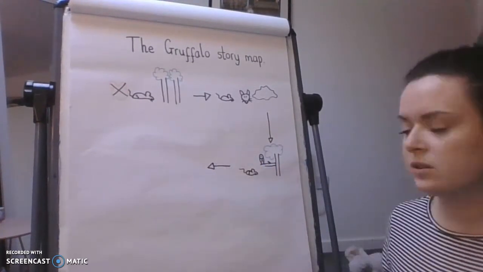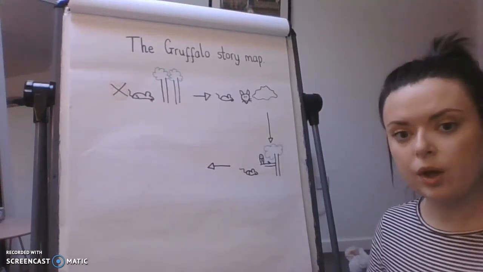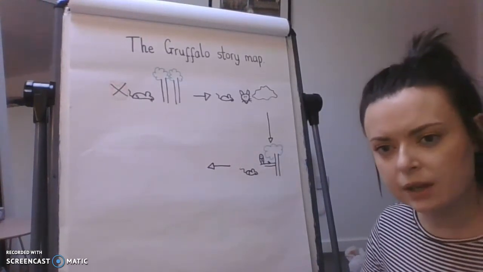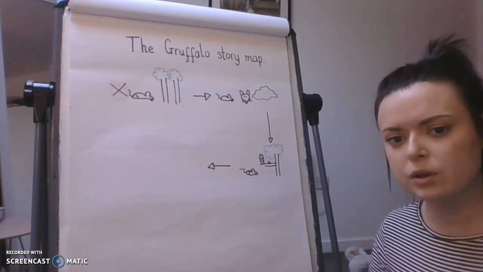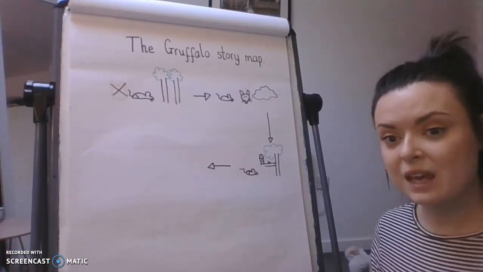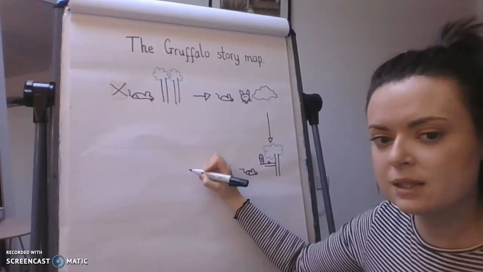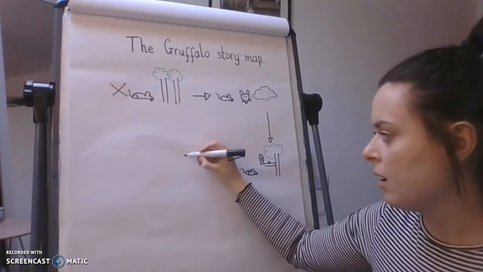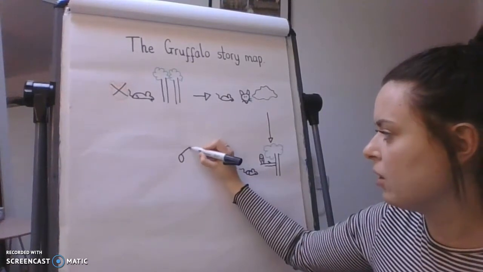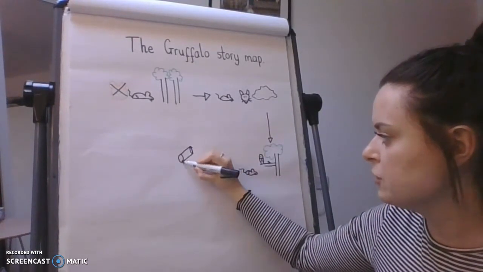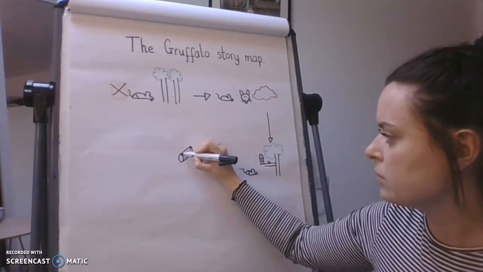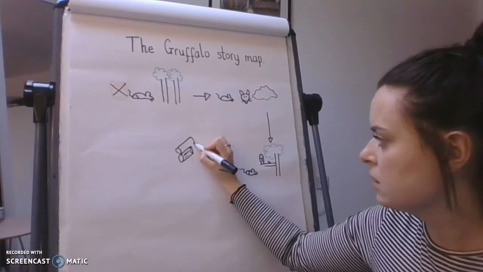So next, the mouse met another character. Can anyone remember what this character was? It was the snake. Well done. So now I'm going to draw a snake. Can we remember where the snake lived? Under a pile of logs. Well done. So I'm going to draw some logs here.